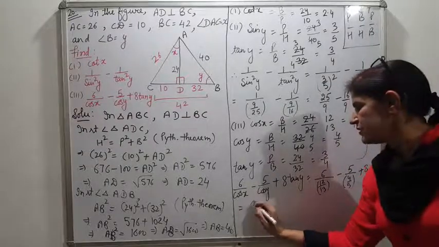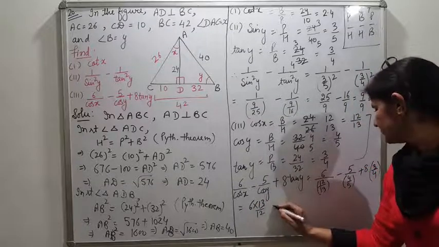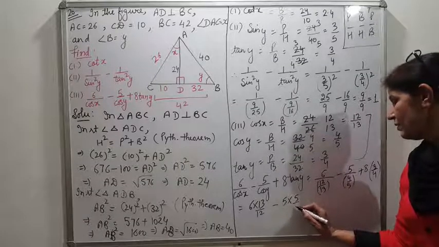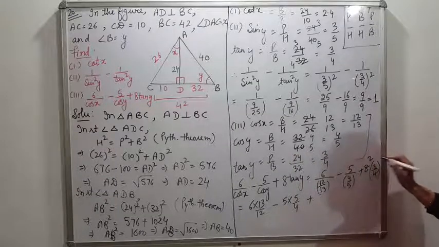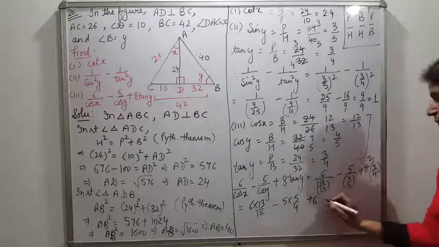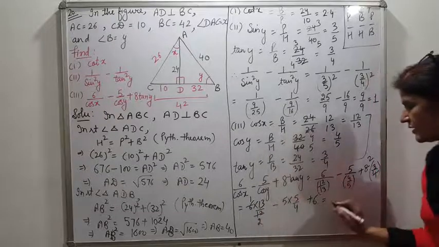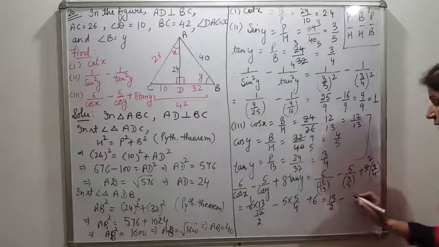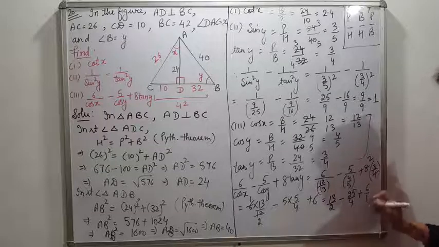Now we take the reciprocal of the term. 13 upon 12 minus 5 into 5 upon 4 plus, here 4 2s are 8. This 3 will be multiplied with 2. 3 2s are 6. So here also we can cut. 6 1s are 6, 6 2s are 12. So it is 13 over 2 minus 5 5s are 25 over 4 plus 6 upon 1. Now we take the LCM.